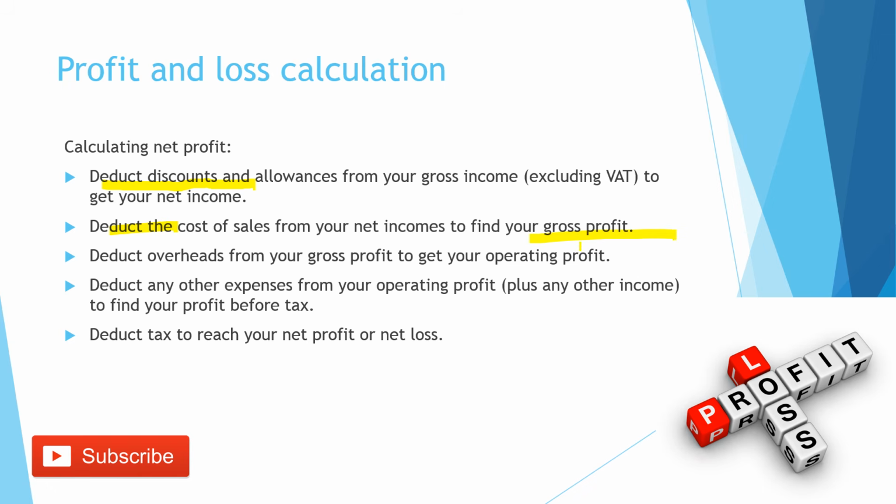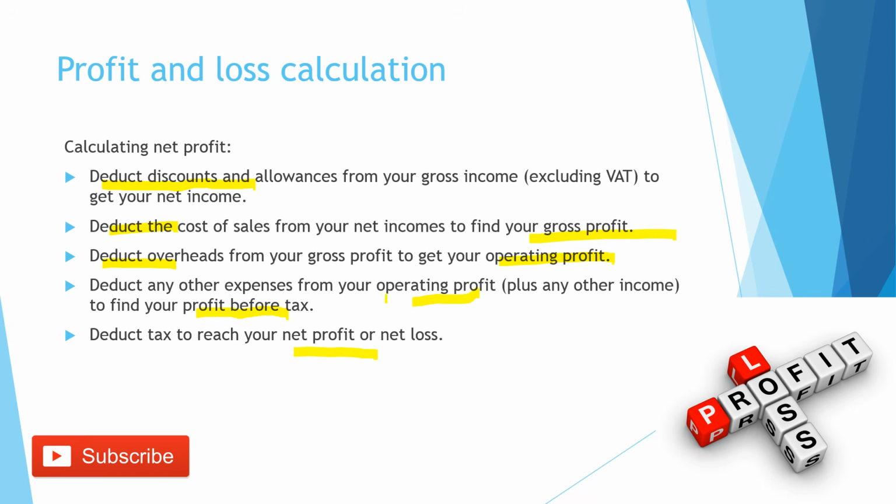Once we have our gross profit, we deduct overheads from your gross profit to get your operating profit. When we have our operating profit, we then deduct any other expenses and add any other income to find our profit before tax, and then we deduct tax to reach our net profit or loss.